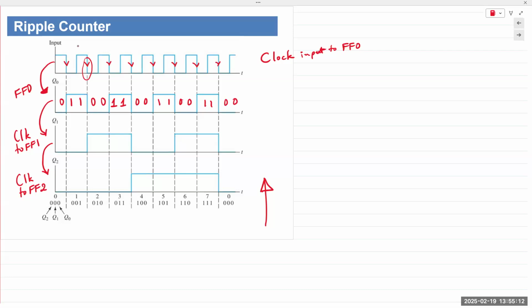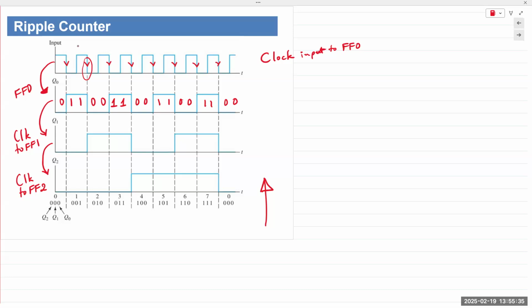Does that make sense? The output is only going to toggle when the negative edge of the clock arrives, and it'll stay at that output for every subsequent positive edge. It'll only toggle when the next negative edge arrives.